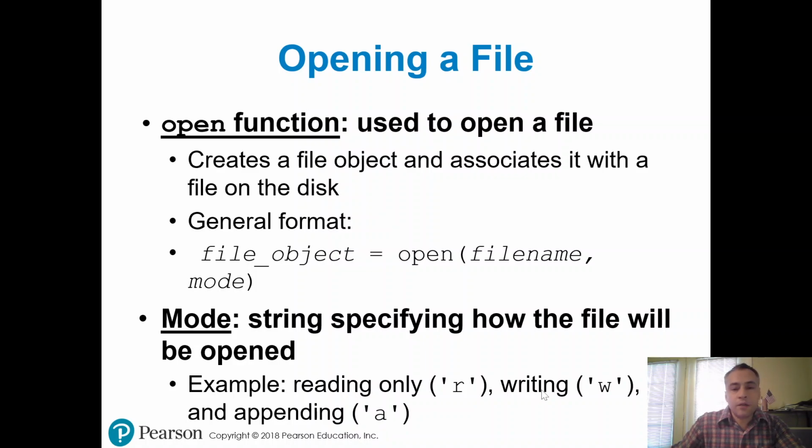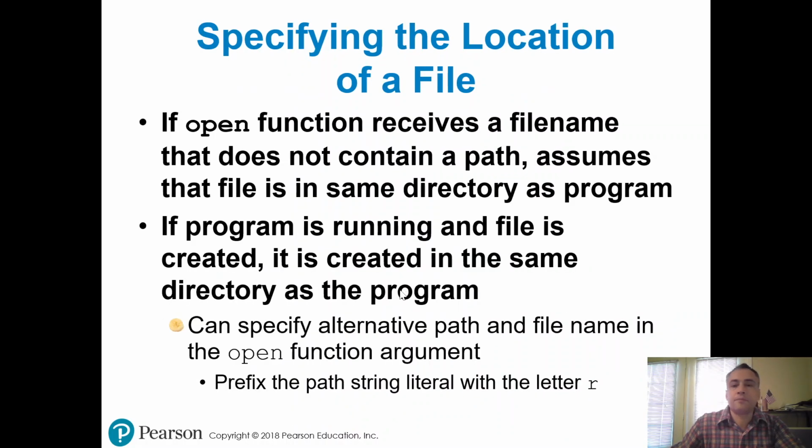Now, if the file does not exist, this command will create it. And if there is no path, then it assumes, first of all, that the file is in the same directory as the program.